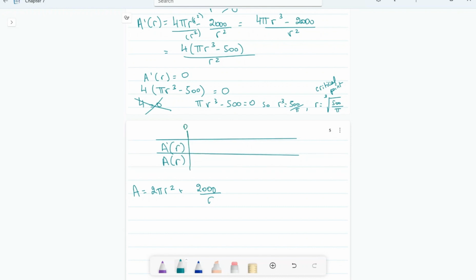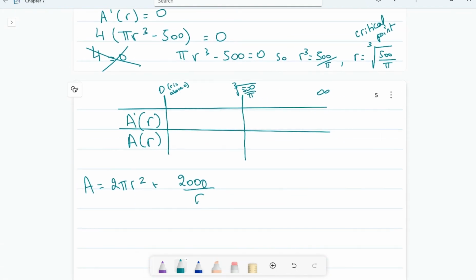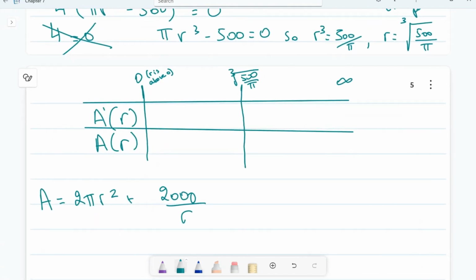And of course, r is not 0. It can be above 0, it can be the cubic root of 500 over pi, it can go up to infinity. There is no max point. So I just wrote that r is above 0.